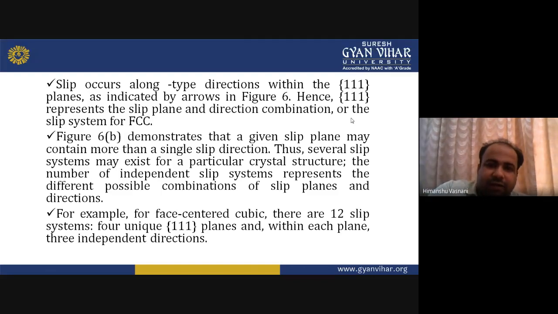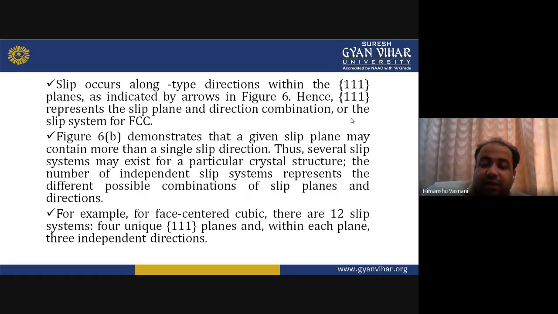So in that case, you have to understand where the slip system will lie, and find out the possible combinations of planes and directions. For example, in a face-centered cubic there are 12 slip systems: four unique 111 planes, and within each plane, three independent directions. How have they come to this result?